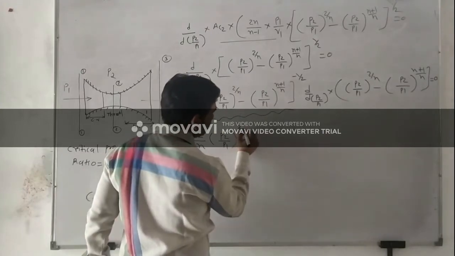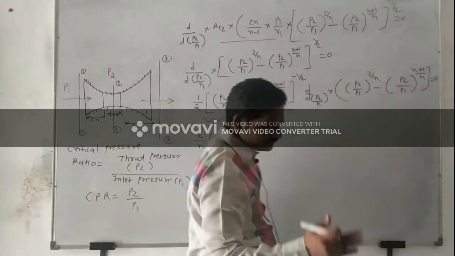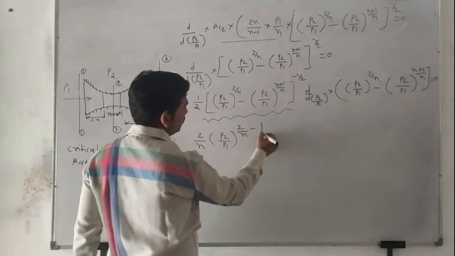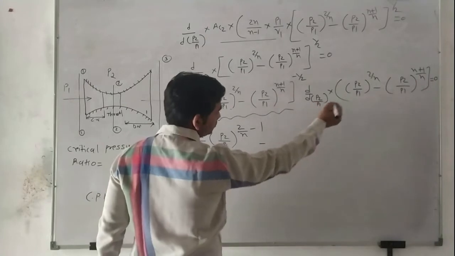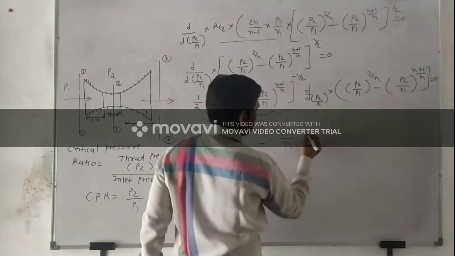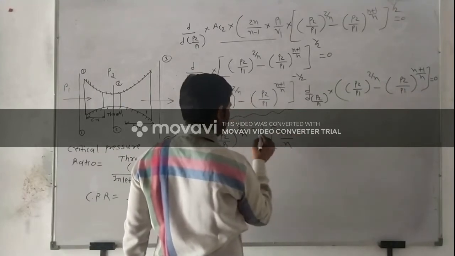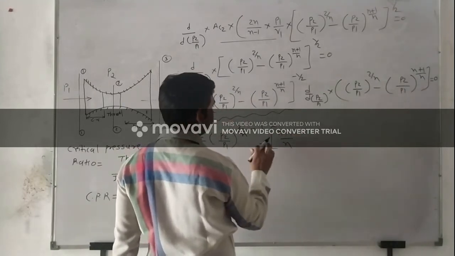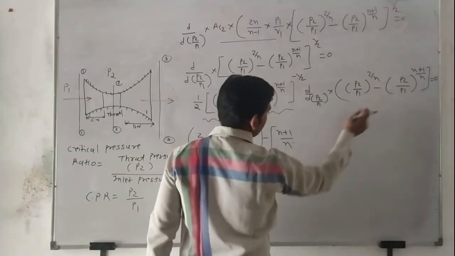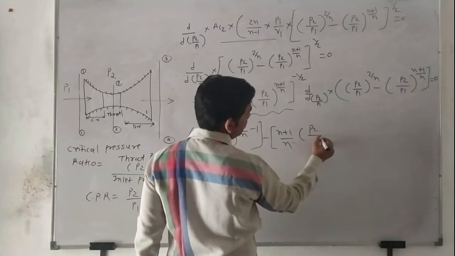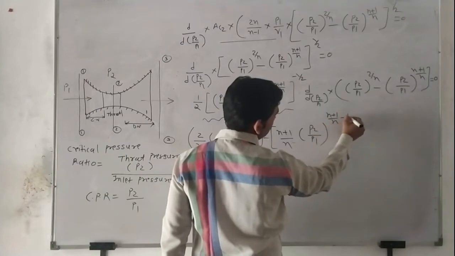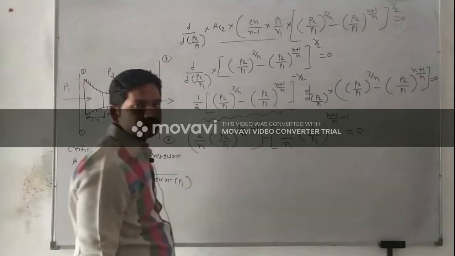Correct. 2 upon n minus 1 is equal to this, n plus 1 upon n, this bracket, this is also in bracket complete, minus (P2 upon P1) to the power n plus 1 upon n minus 1 is equal to 0.